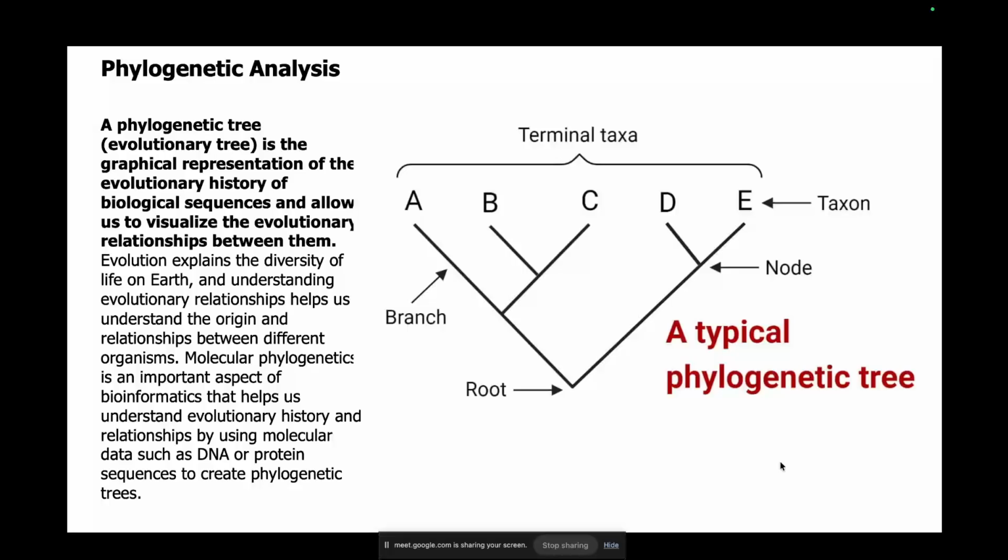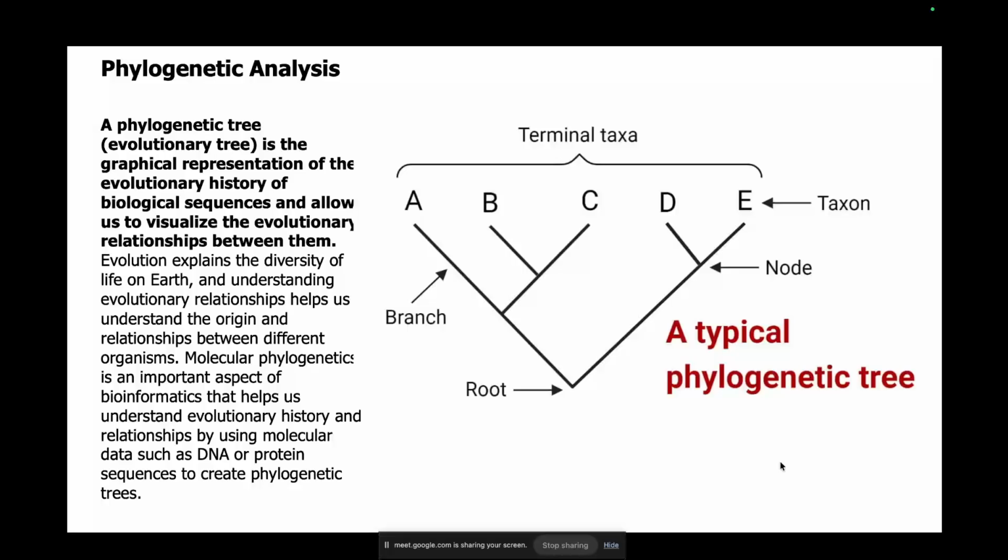Till now we have been doing sequence analysis: seeing how many residues are conserved, how many are not, how many are hydrophobic, how many are hydrophilic, and so on. If you are given hundreds of sequences like this, can you tell, based on this sequence analysis of similarity and dissimilarity, how each of these proteins is related to the others?